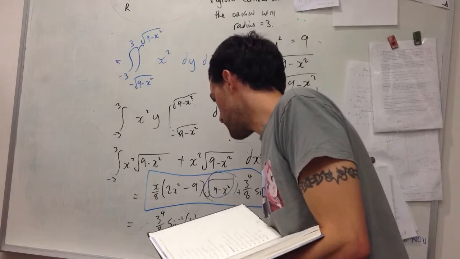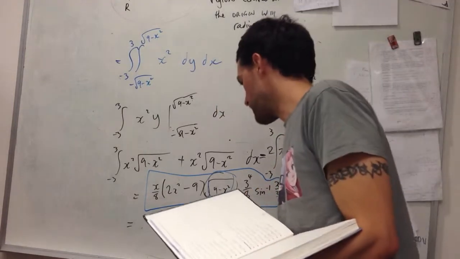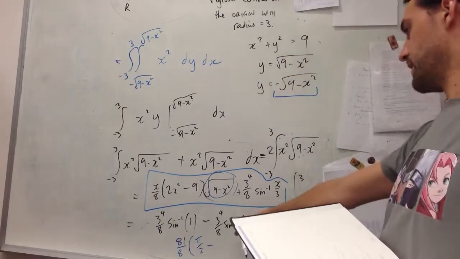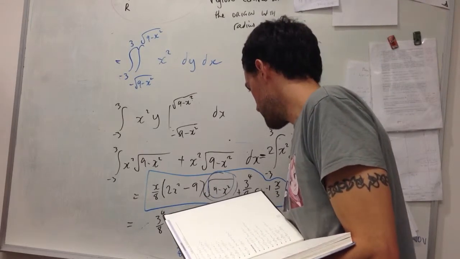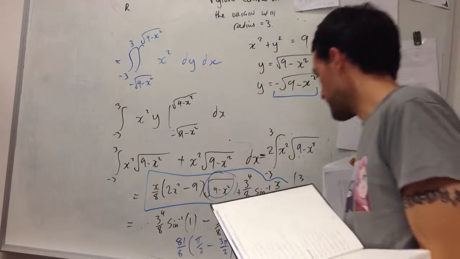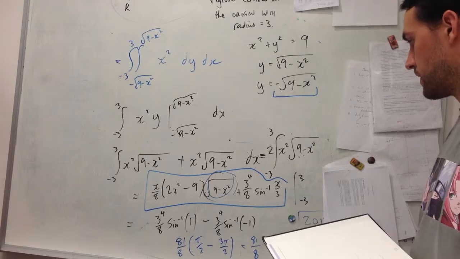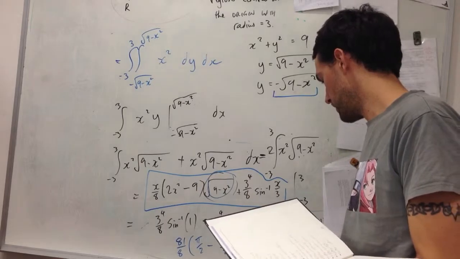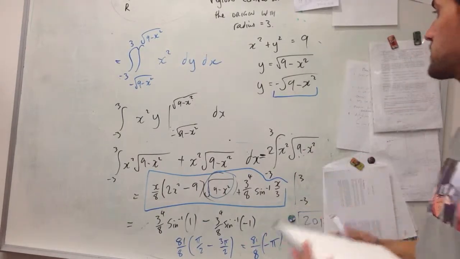So it's 81 on 8 outside of inverse sine of 1, which is pi on 2, minus inverse sine of negative 1, which is 3 pi on 2, which gives me 81 on 8 multiplied by negative 2 pi on 2, so negative pi. And that hopefully should be my solution.